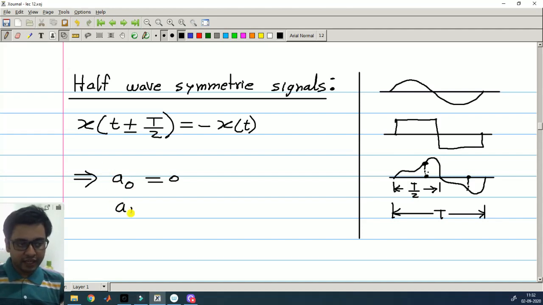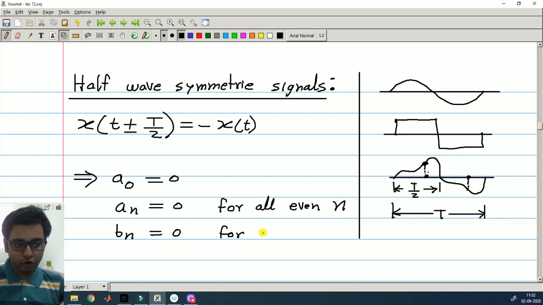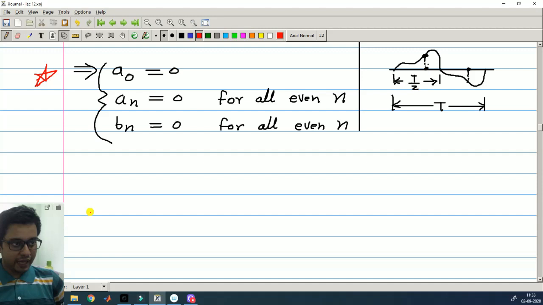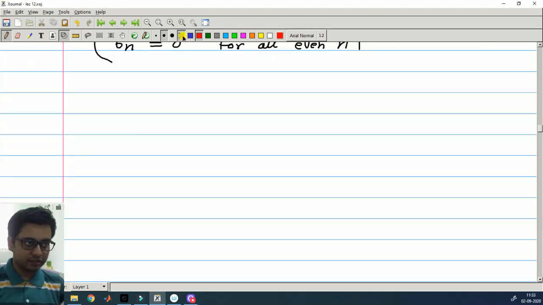Also an will be equal to 0 for all even values of n, and bn will also be equal to 0 for all even values of n if a signal is half wave symmetric. This is again a very important result worth remembering, and the proof is quite simple.